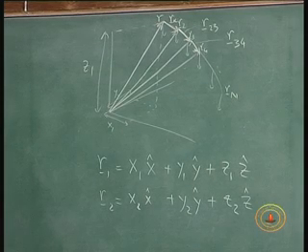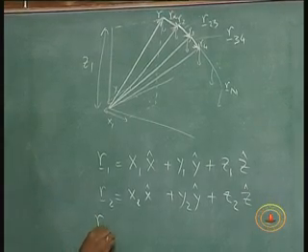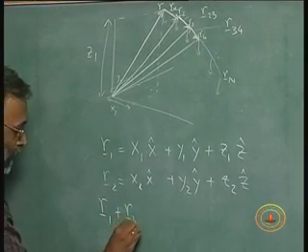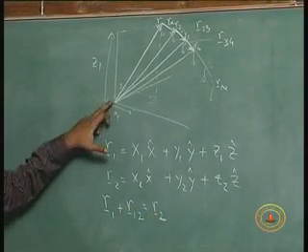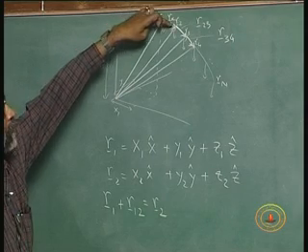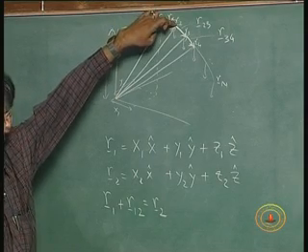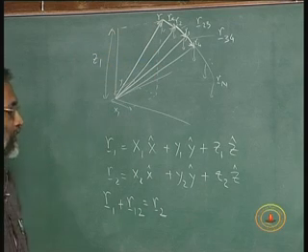From my vector addition I know that R1 plus R12 is equal to R2, because if I go to R1 then go further by an amount R12, I reach a point which is nothing but R2. So this is vector addition.